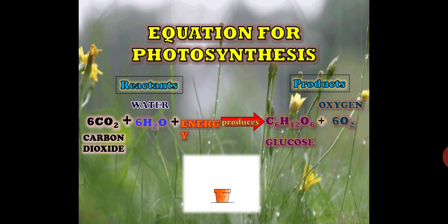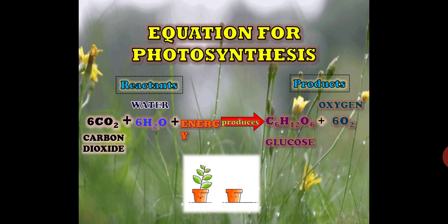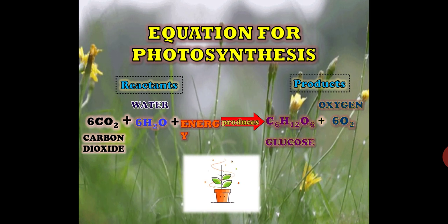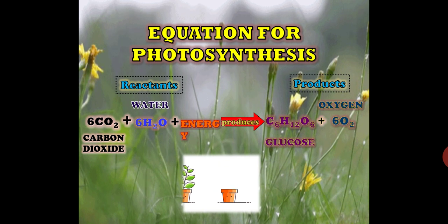So during photosynthesis, plants capture light energy and use that energy to make glucose. The sunlight provides the energy needed by chlorophyll to change molecules of carbon dioxide and water into glucose. Oxygen is also released in this reaction.